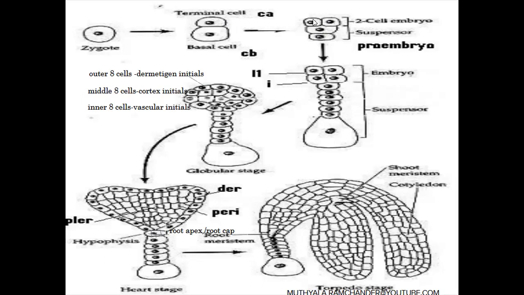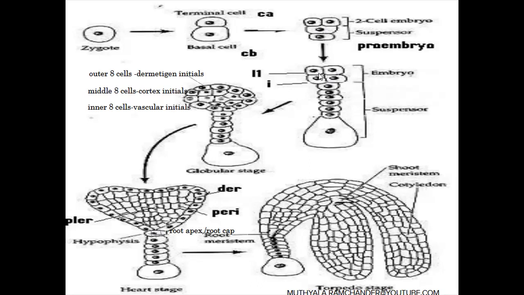The 2 CA cells again participate in periclinal divisions to form 4 cells. The 4 cells are arranged in 2 tiers, with 2 cells in each tier. The lower tier is called the I tier, and the upper tier is called the L1 tier.